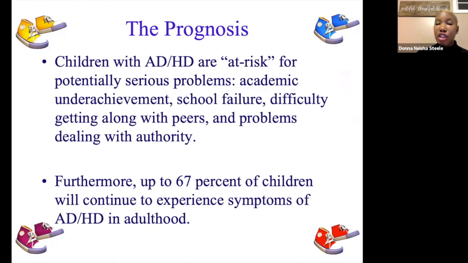Children with ADHD are at risk for potentially serious problems: academic achievement, school failure, difficulty getting along with peers, and problems dealing with authority. Furthermore, up to 67% of children will continue to experience symptoms of ADHD in adulthood.